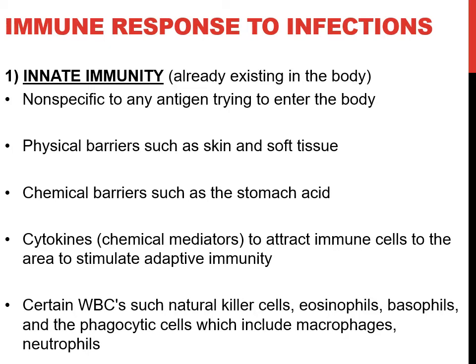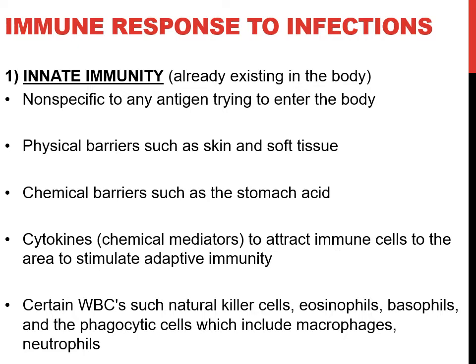So it's really quite non-specific. So whether you get a bacterial infection, a viral infection, a splinter, anything that enters the body, the innate immunity will be the first to respond and deal with the foreign antigen.